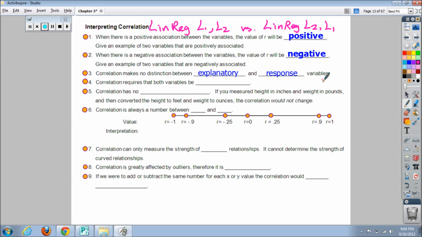Now your slope and y-intercept will be different, but r and r squared will stay the same.